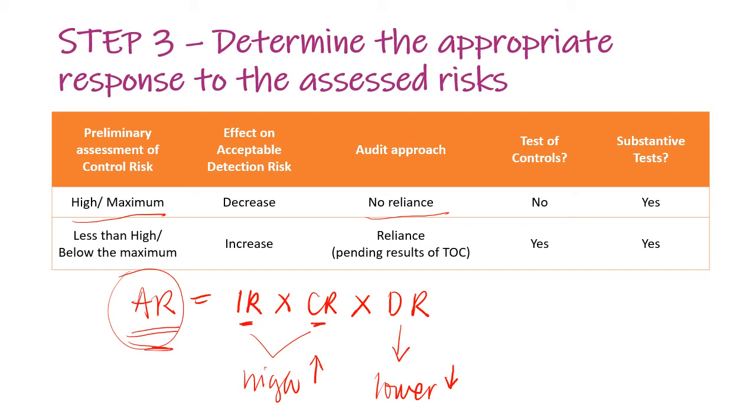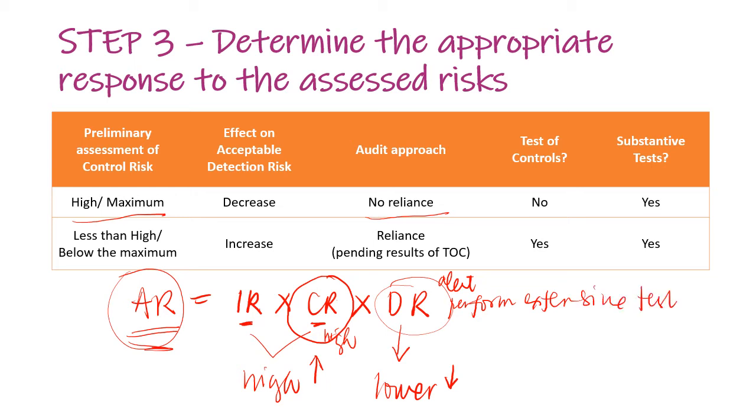So if we already perceive control risk as high, what should the auditor do in response? This is the function of the auditor. In response to this high control risk, the auditor should be more alert and should perform more extensive tests.